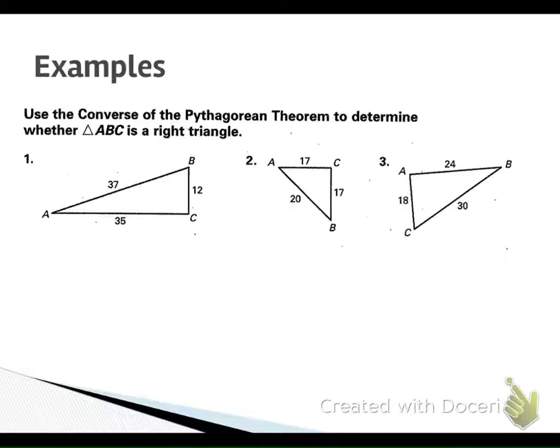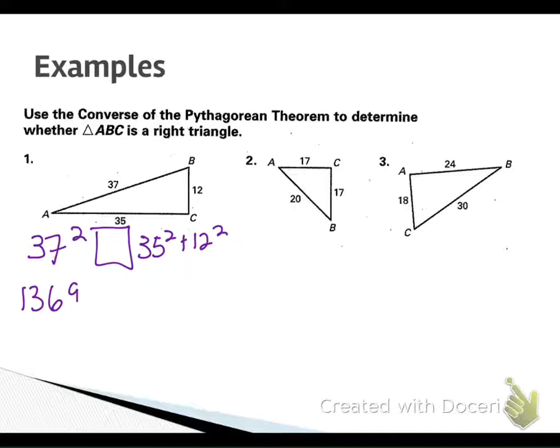So which one would be our hypotenuse if it was a right triangle? Longest side would be 37, so it would be 37 squared. And then the two shorter sides, 35 squared plus 12 squared. What is 37 squared? You said 1,369? Okay.